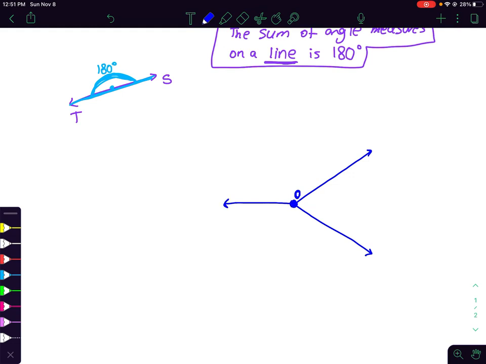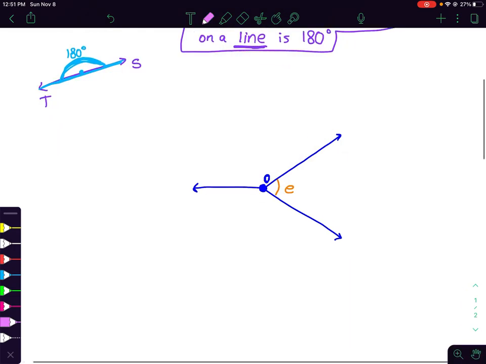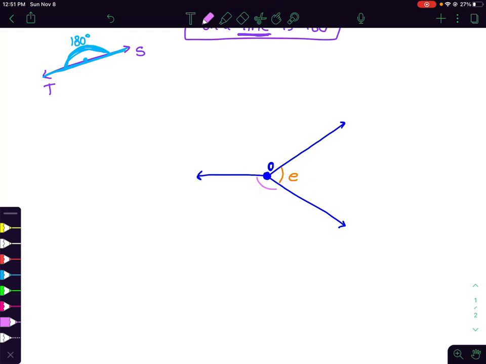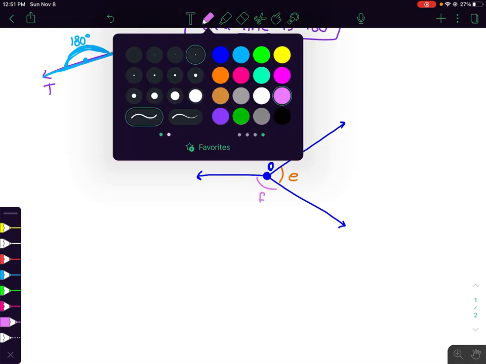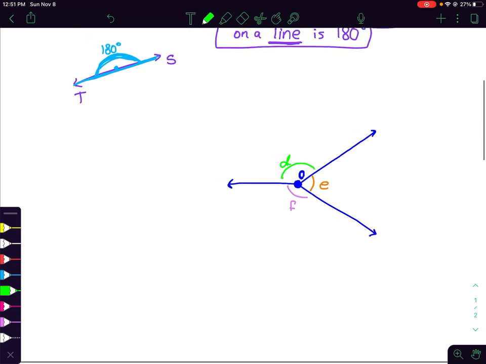The center point is O. Here we have the angle E. Here we have the angle F. And here we have our D. The O is the center point, so it's not the angle, it's just the center point. So we have angle D, angle E, and angle F.